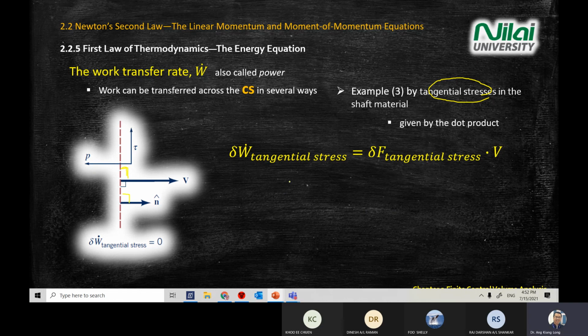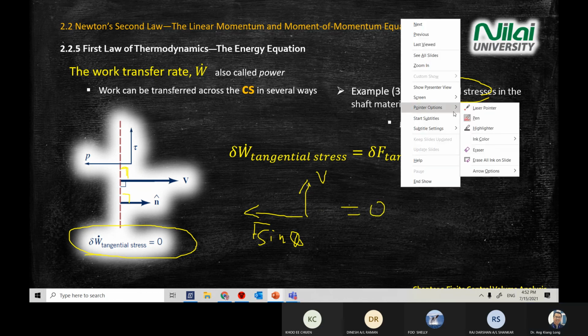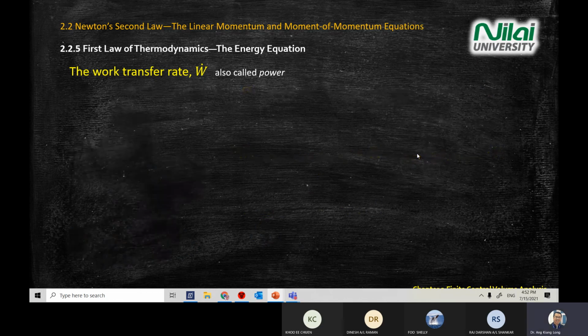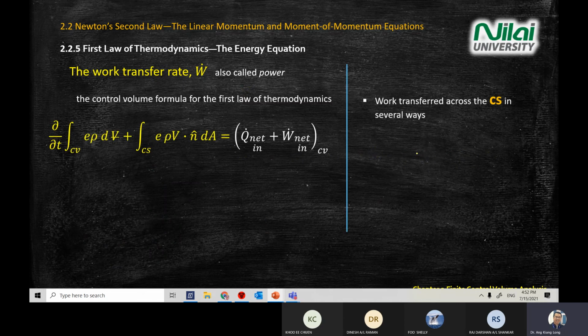So if you have a tangential stress, the power will be zero, like I explained just now. If you convert your force, sine theta times the V like this, then you will not get anything. It will be zero. Let me see a few more slides.